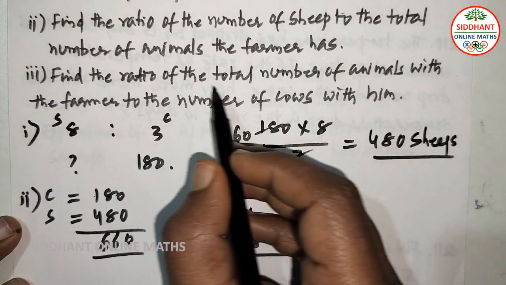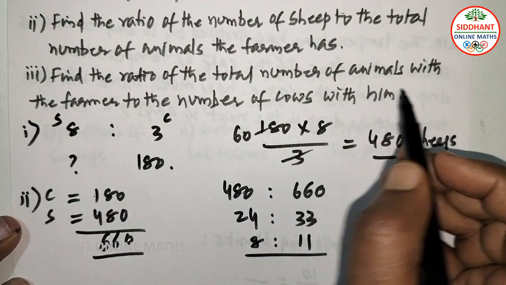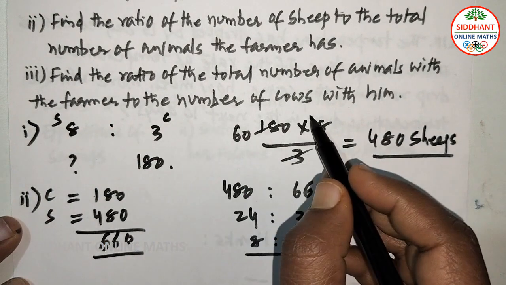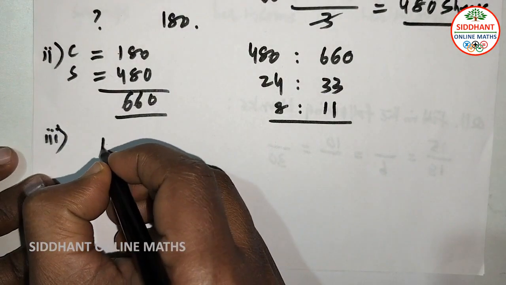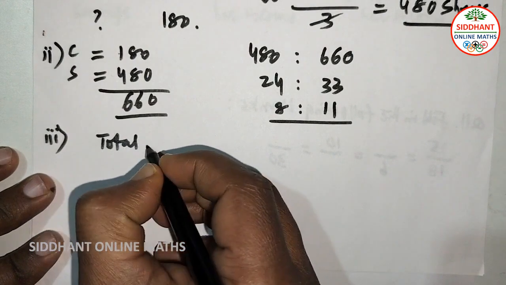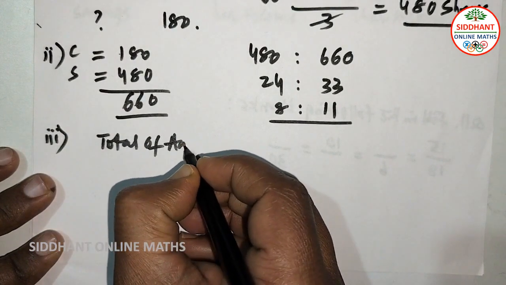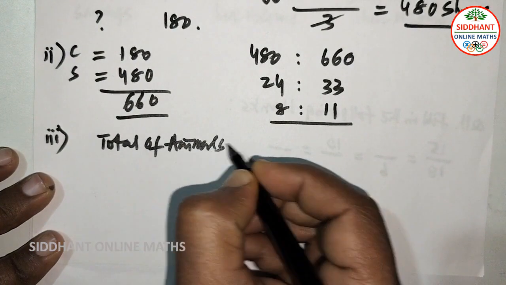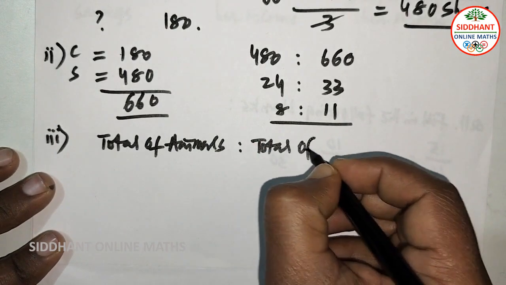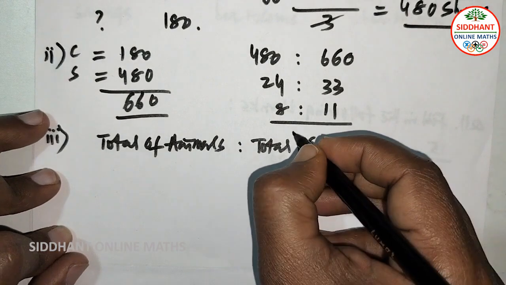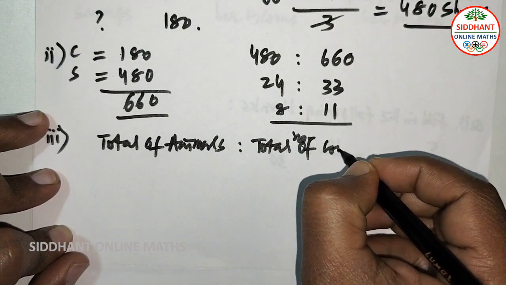Third question, find the ratio of total number of animals with the farmer to the total number of cows. So third one, total number of animals is to total number of cows.